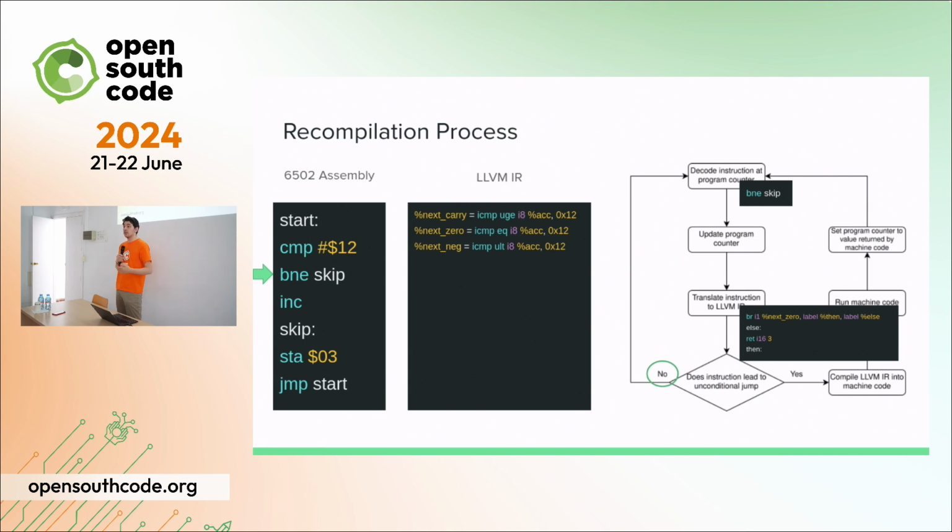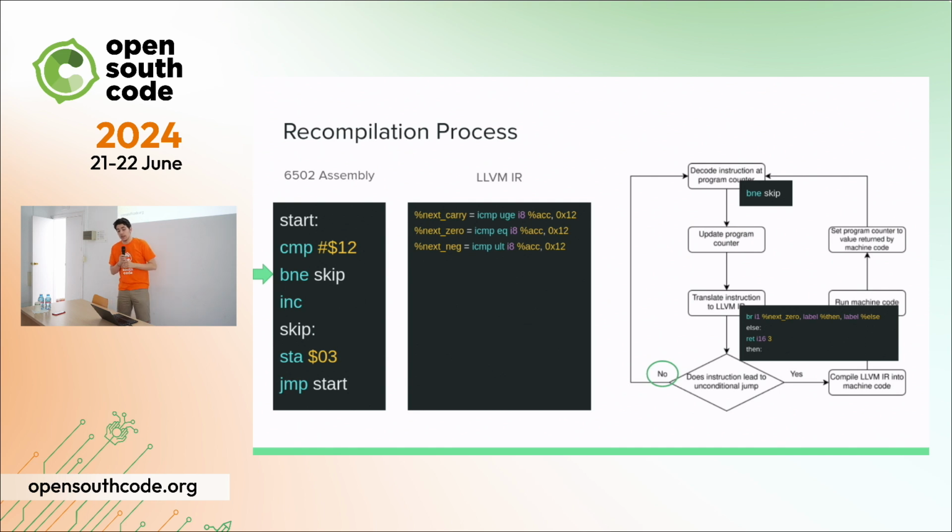The next instruction is a branch if not equal, which translates into this LLVM IR. This instruction is a jump, but it's not unconditional. It's conditional on the previous comparison resulting in a not equal. So instead of stopping here, we'll keep decoding the instructions below. But if that branch is hit, we early return from the function, and we return the address of the instruction that we would execute on that branch hit.